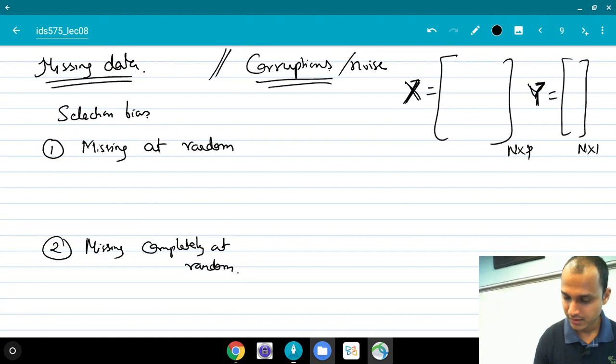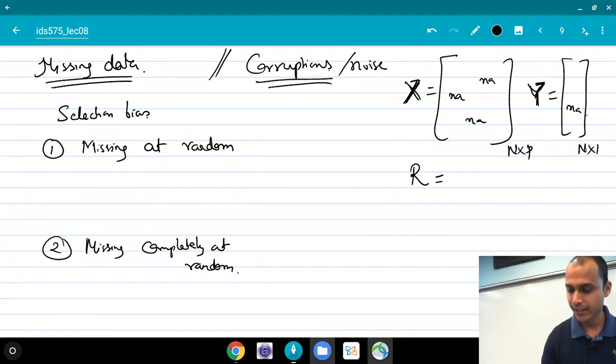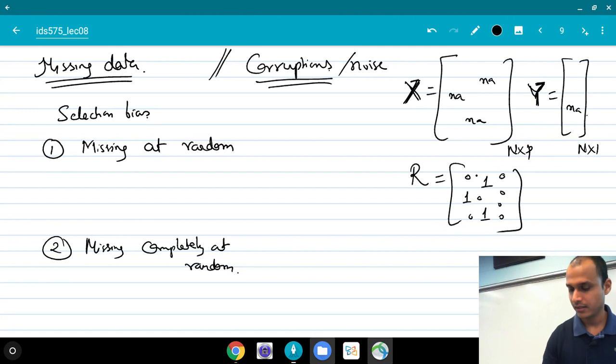NA, something like that. Okay, some entries are missing. Now the locations of missing entries, I can encode as a matrix, right? I can say R, which is a 1 over there, 1 over there, and 1 over there, maybe zeros elsewhere, right?